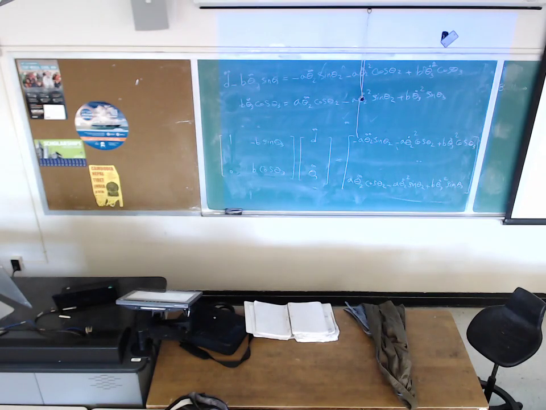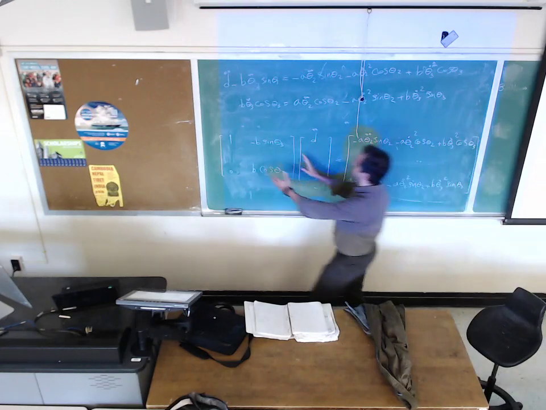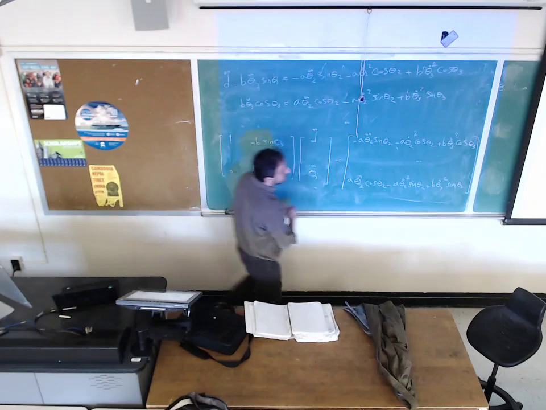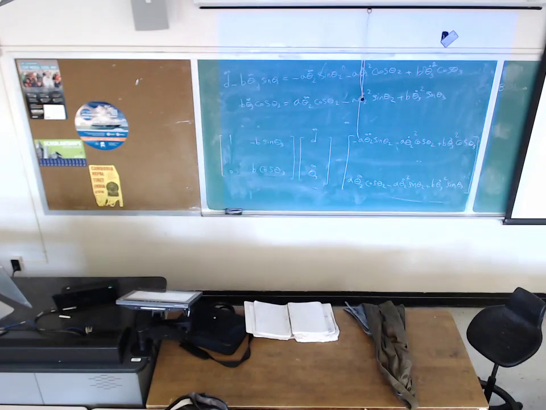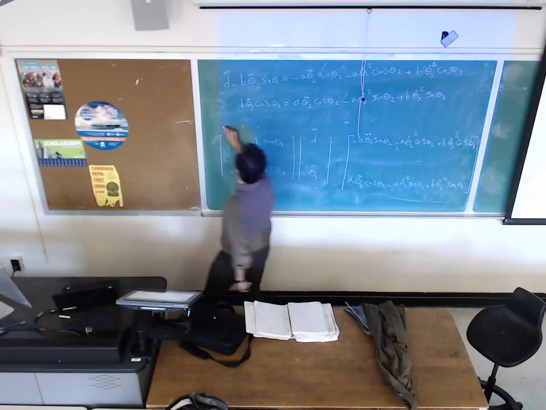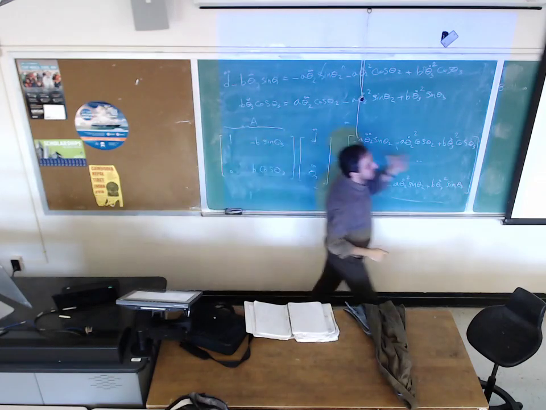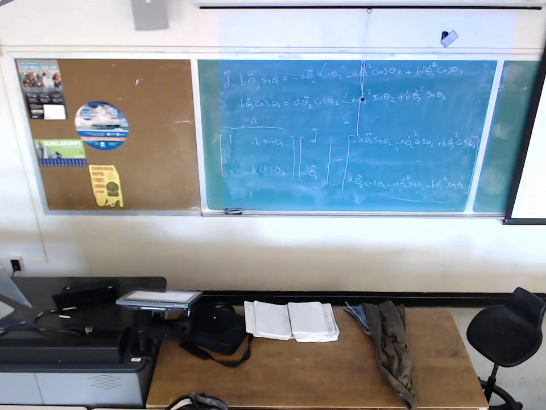If you compare this matrix with this one, they are identical: 1, minus b sine of theta 3, 0, b cosine of theta 3. So when you are going to do the acceleration analysis, you don't need to recalculate the matrix A. You already did this in the velocity analysis.